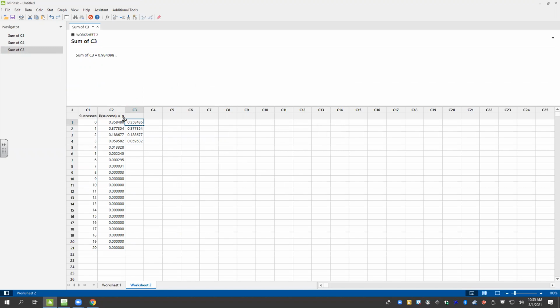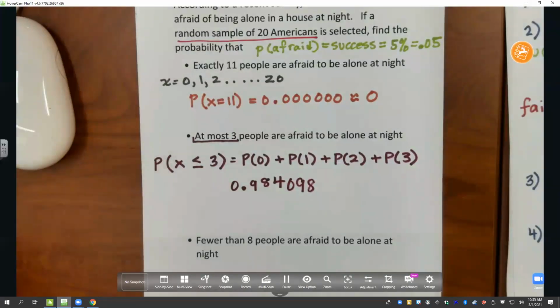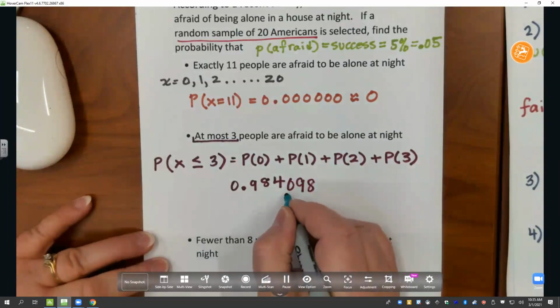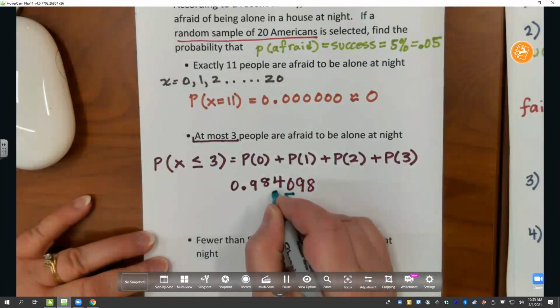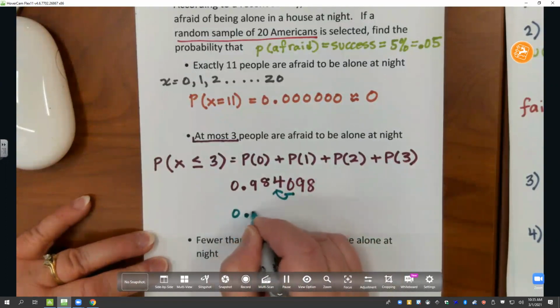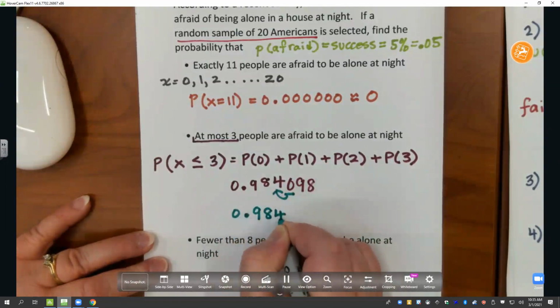And I get 0.984098. Okay, Minitab's doing all the work for you. Again, if you're asked to round to 3 places, the 0 is in the 4th place. It's not going to bump it, so it's 0.984.